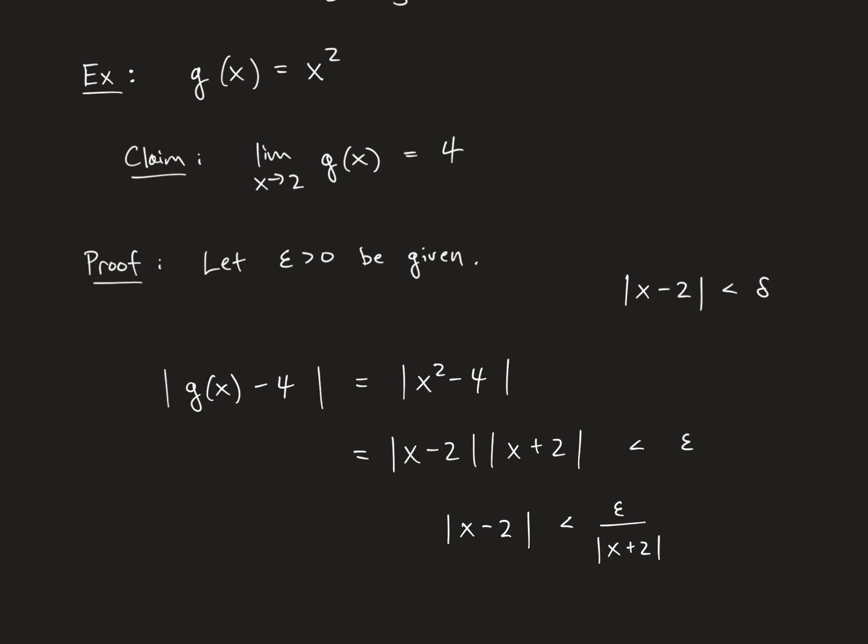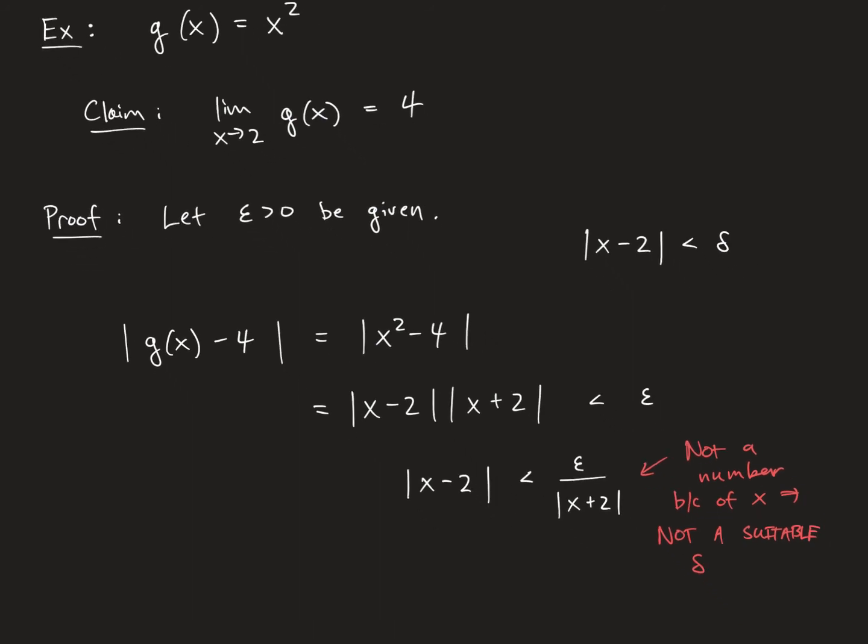Except the problem is this is not a number, because it involves x, which is a variable. So this is not a suitable delta. That's not going to work for delta, so we have to do something else.